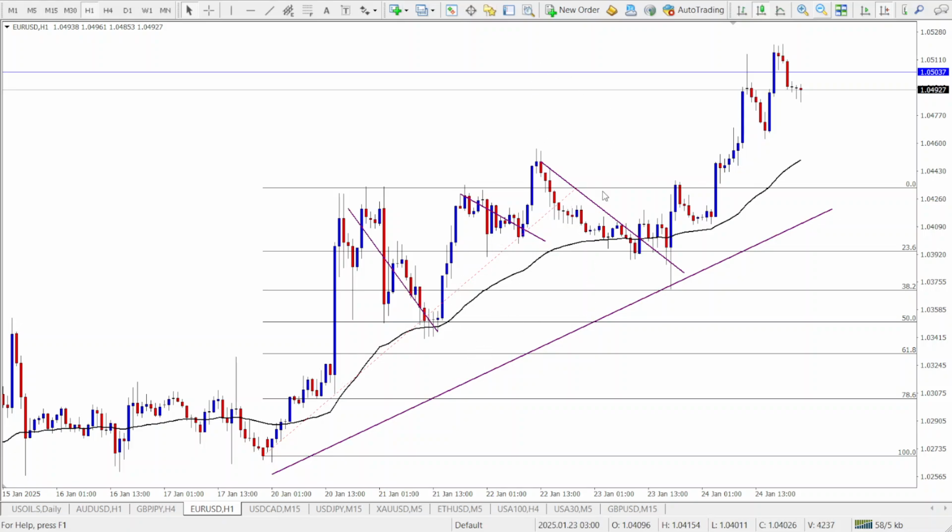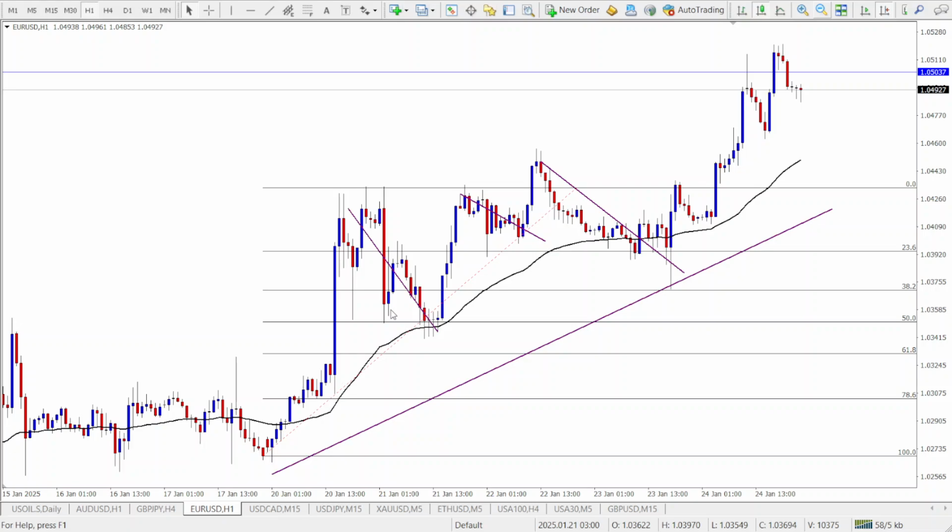You can also use dynamic support and resistance zones to help you pinpoint areas where the pullback might end. Remember that moving averages give you dynamic support and resistance zones.